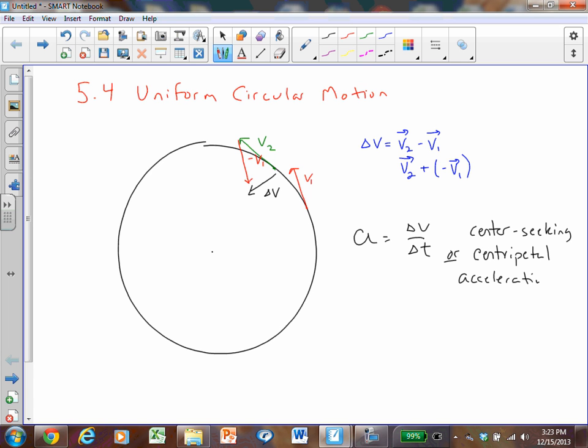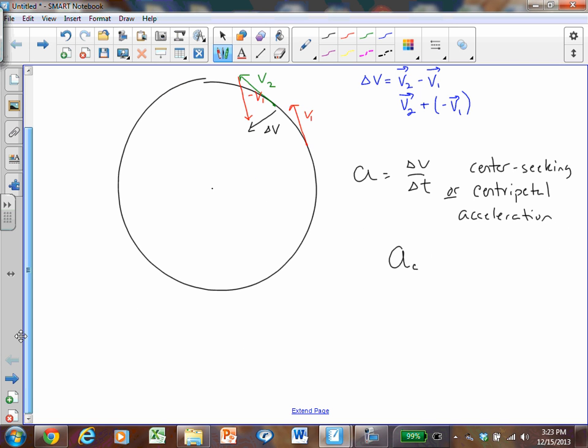And we call that a with a little c for centripetal acceleration. It also has a centripetal force associated with it. Fc is the centripetal force, and that's also center seeking in the direction of the acceleration. And Fc equals the mass times ac.